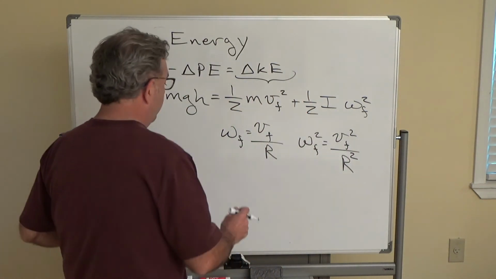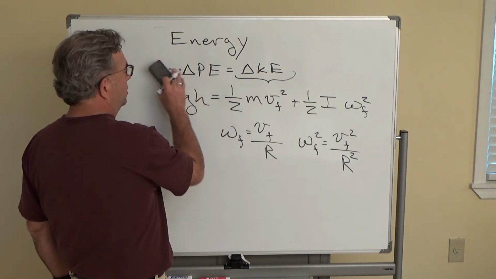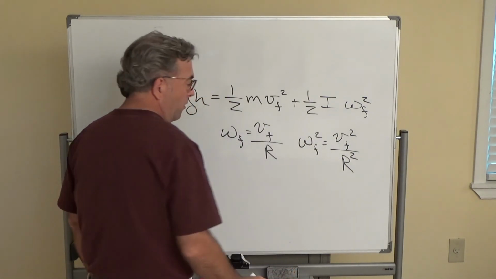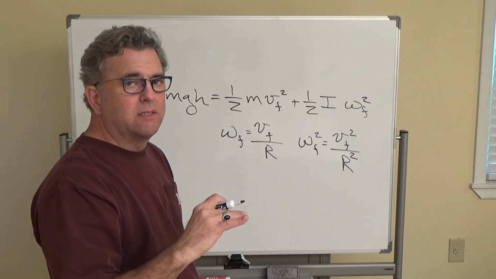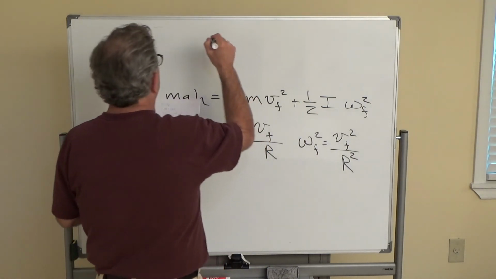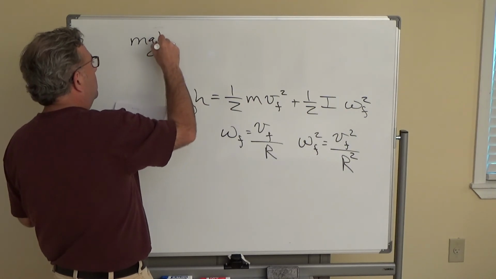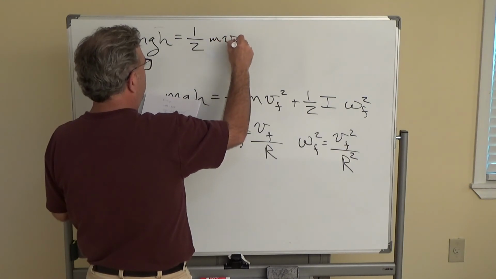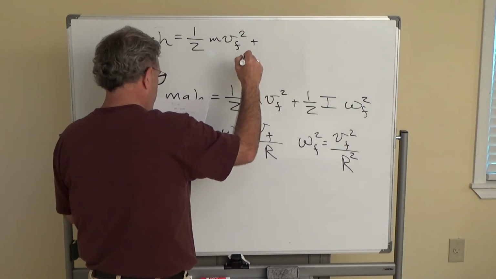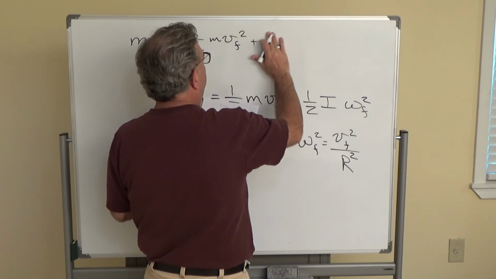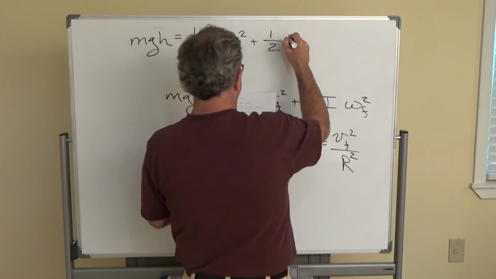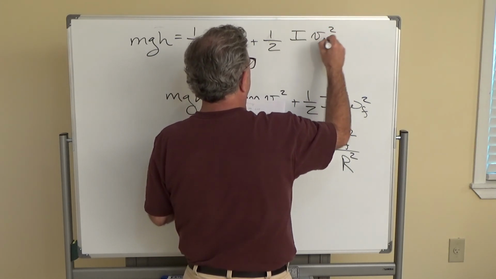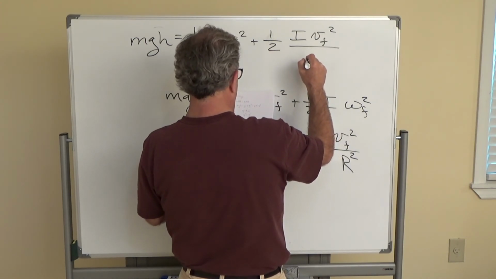Then you can make a substitution for omega final squared because you're asked for the final velocity of the falling mass. So you get mgh is equal to 1/2 little m v final squared plus 1/2 I v final squared over r squared.